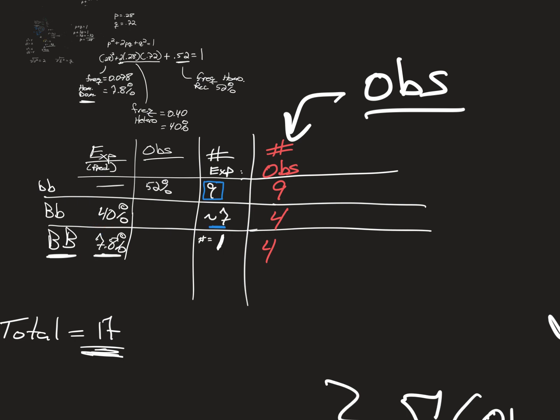If you took 7.8 and made this 8 instead of 7.8, then 8 plus 2 is 10, that would be 60, and 60 and 40 is 100. But when we came up with these numbers, we rounded off. That's why I have this little symbol about 7. It doesn't make sense to have 7.2 individuals, right? That wouldn't make sense. So I just rounded them off. It's a good question, though.